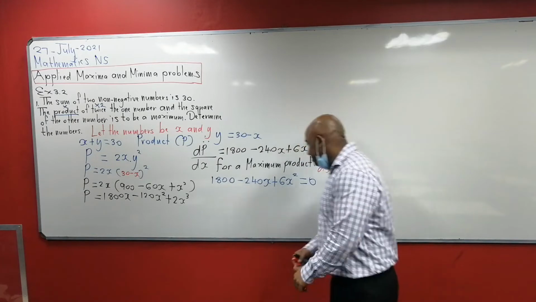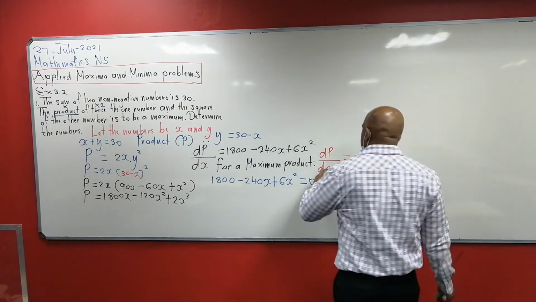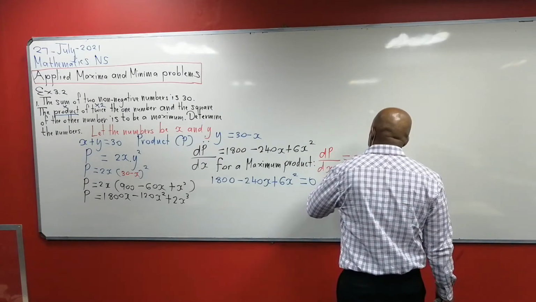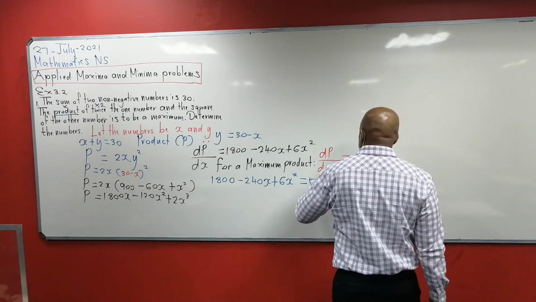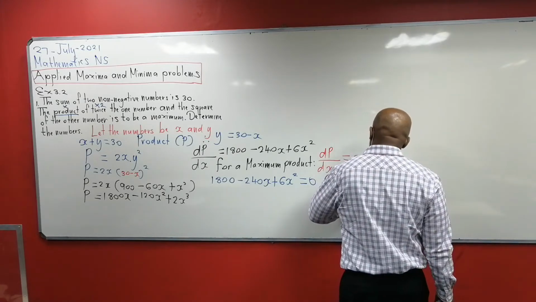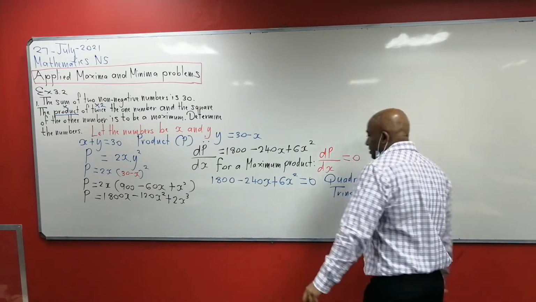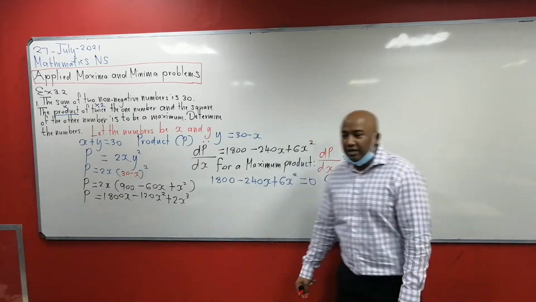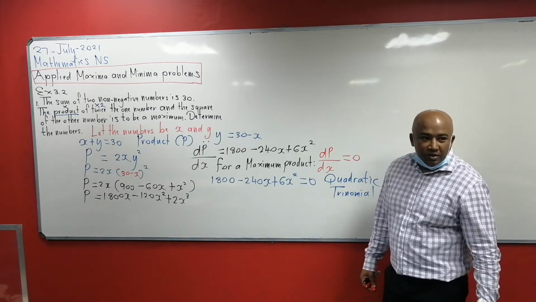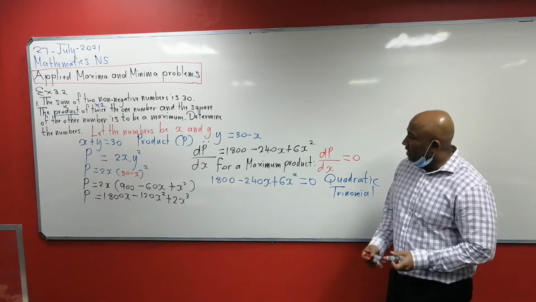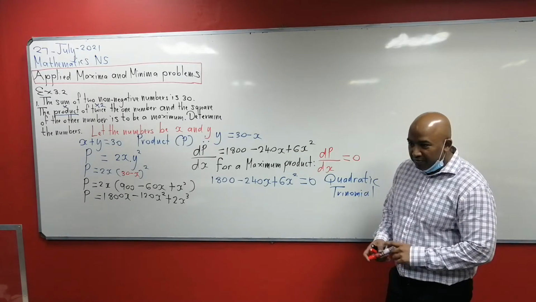So now what do we have here? We have a quadratic. This is a quadratic trinomial. So you need to solve for x. It's either you want to try and factorize, or you can complete the square, or you can use the quadratic formula here.